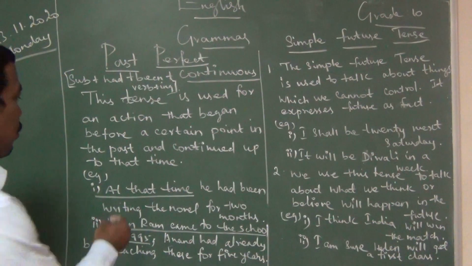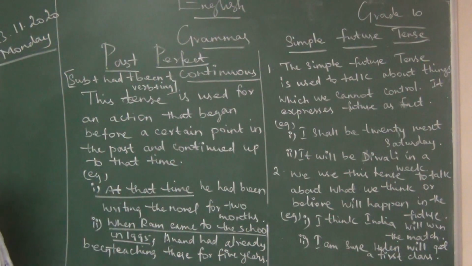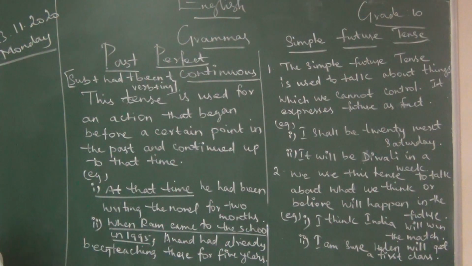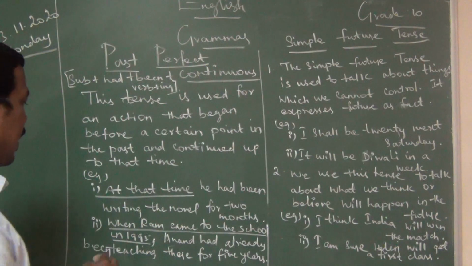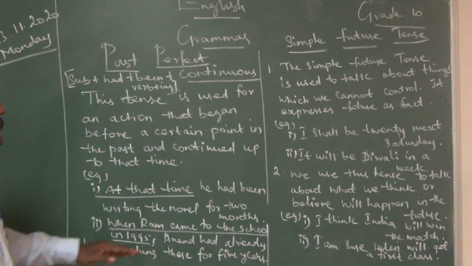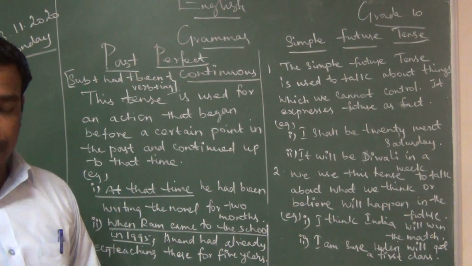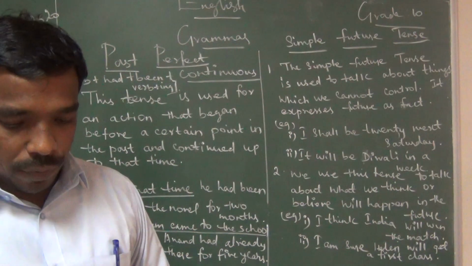So two examples, you write fast. Examples are very important. At the time he had been writing the novel for 2 months. When Ram came to the school in 1995, Anand had already been teaching there for 5 years. Take down soon.